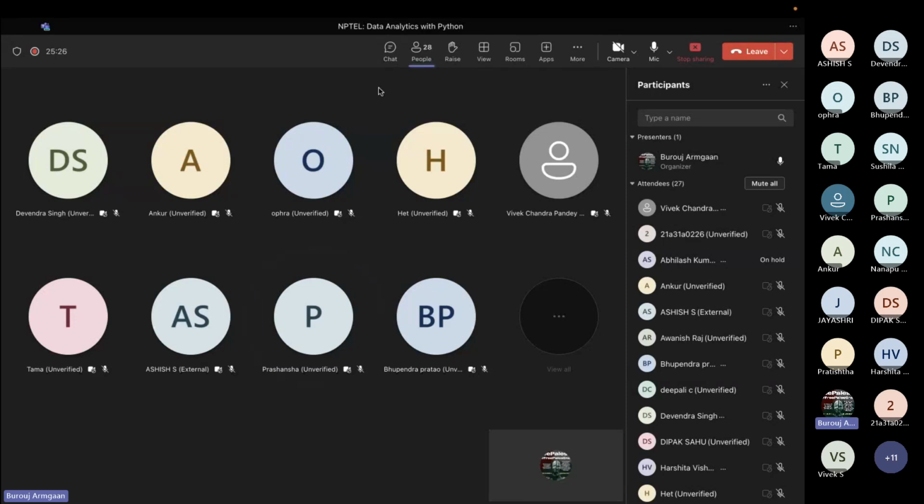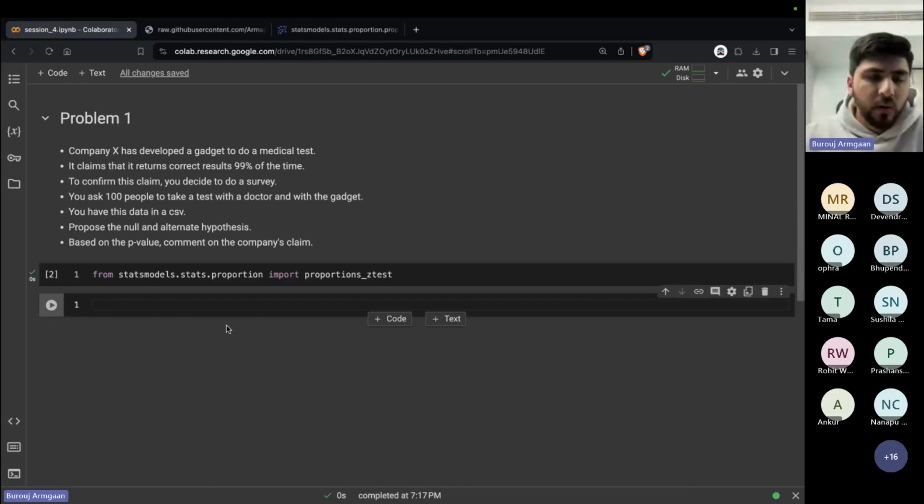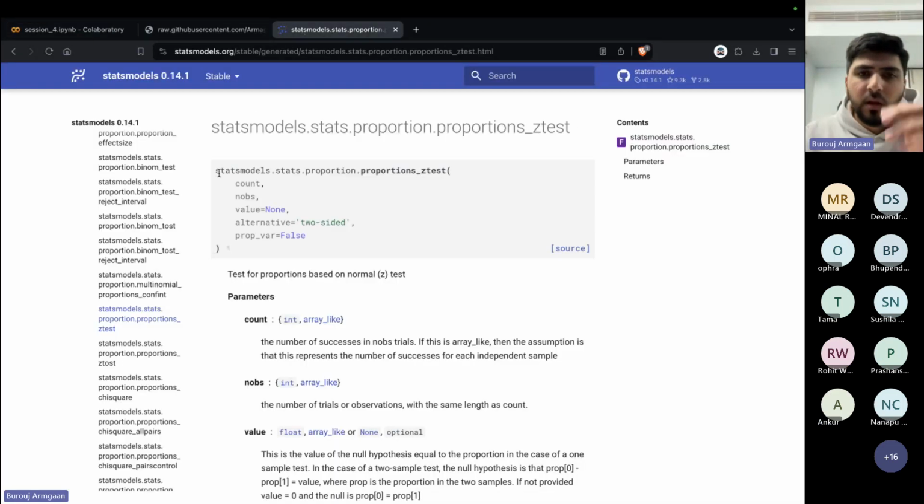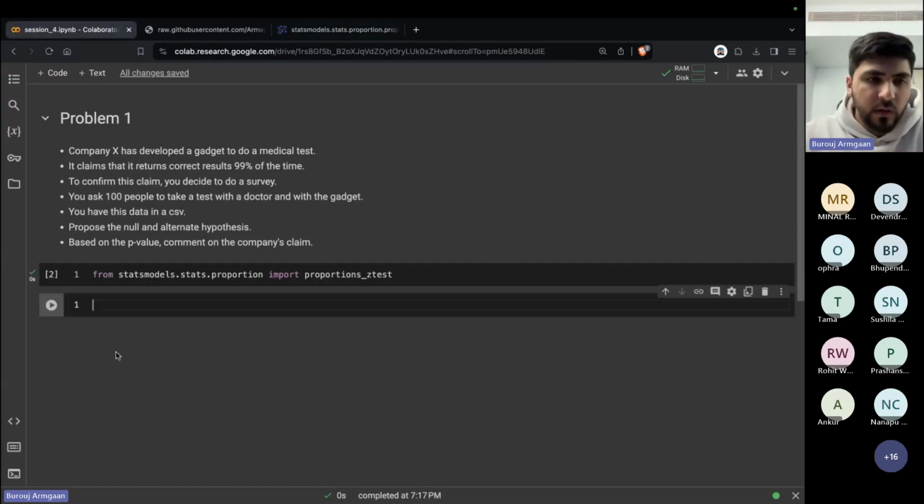Okay, has anyone done it? Okay, so let's start. The idea is to use this function to compute the answer. So first of all, what does the data look like?